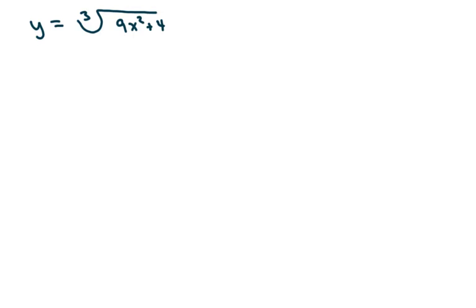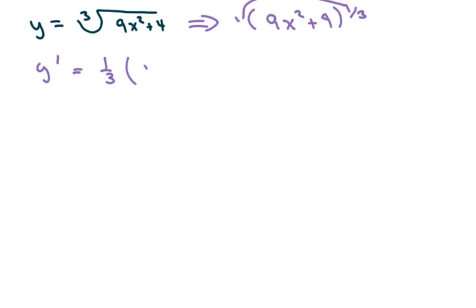Okay, the next one, again, I'm going to rewrite. So this is 9x squared plus 4, your inner function, to the 1/3 power. And we take the derivative of y. So you're going to move this guy in front here. So that's 1/3 times 9x squared plus 4, and 1/3 minus 1.